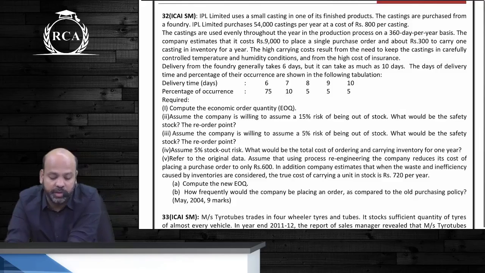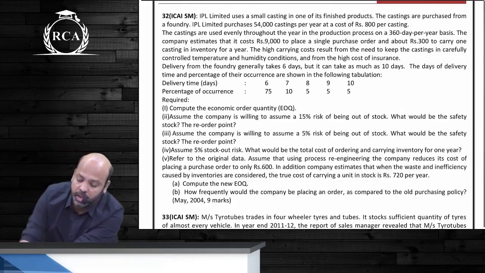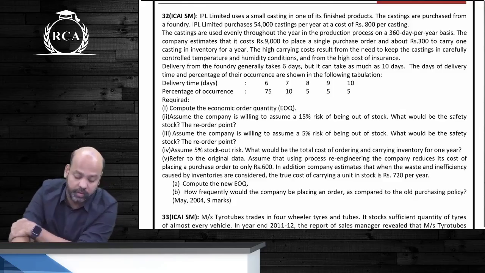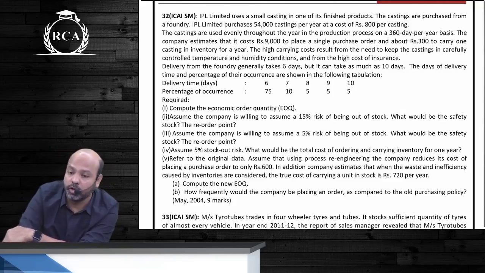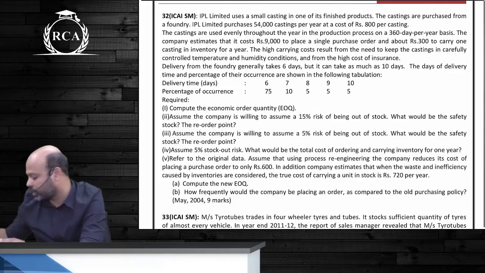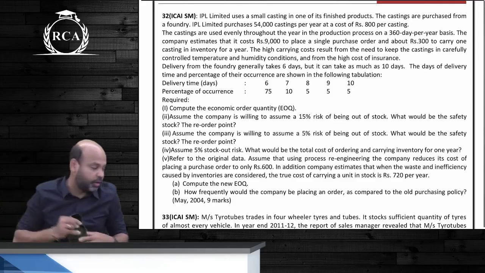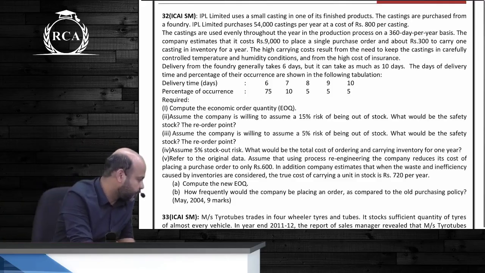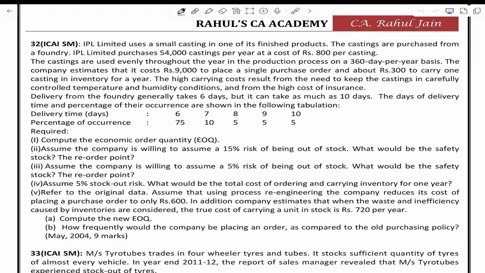The company estimates that it will cost 9,000 to place a single order and about 300 rupees to carry one casting in inventory for 1 year. So your ordering cost per order is 9,000 rupees. Carrying cost per unit per annum is 300. What will be the level of EOQ, guys? You know annual demand, you know cost per order, you know carrying cost. How much will be EOQ?